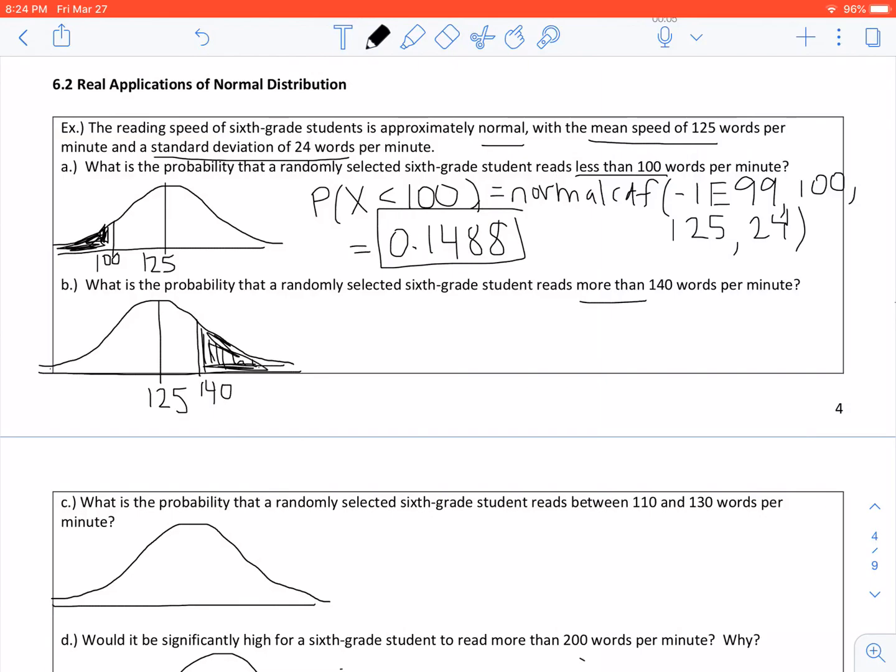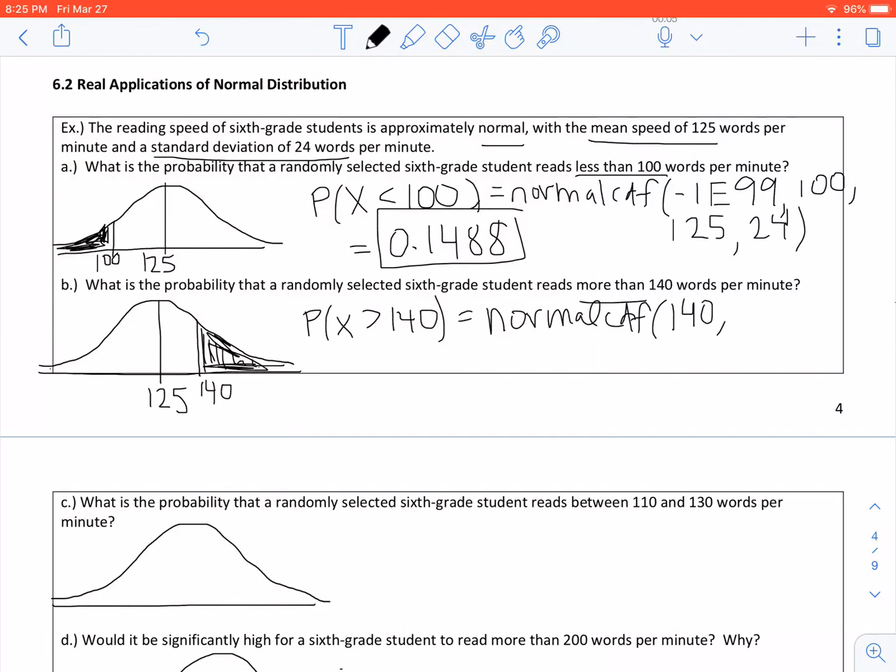And so we're going to find the probability that X, or 6th grade student, reads more than, so greater than, 140 words per minute. And we are going to use normal CDF. And it starts off with your lower bound. This time the graph starts at 140 where it's shaded.